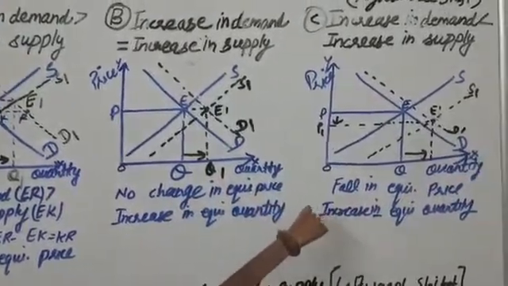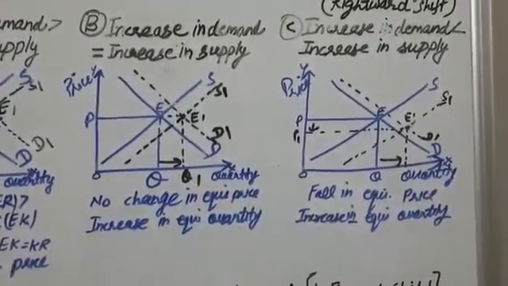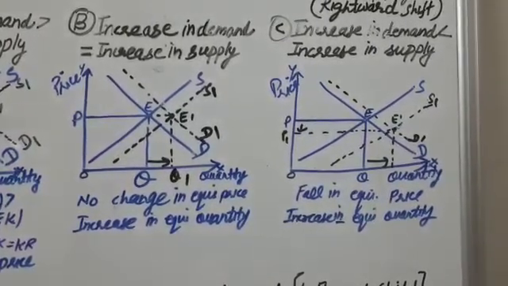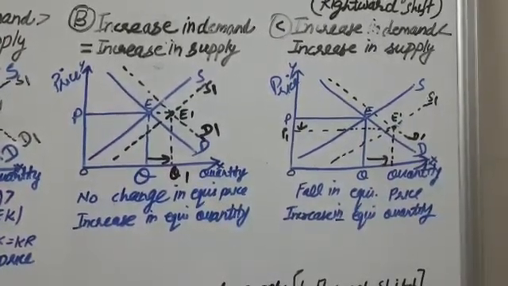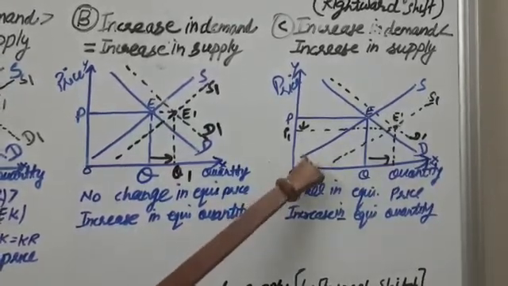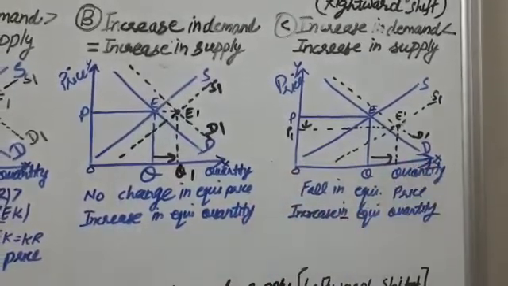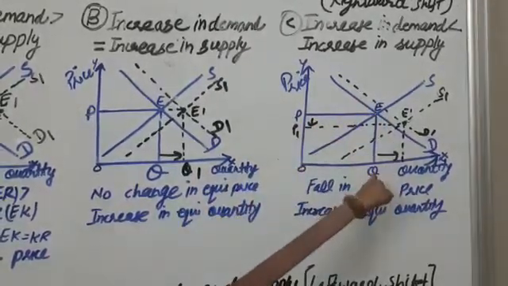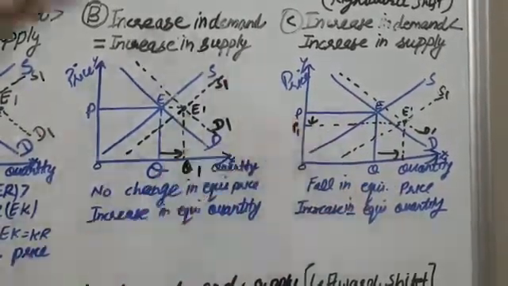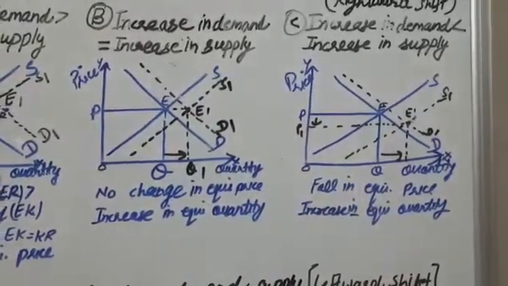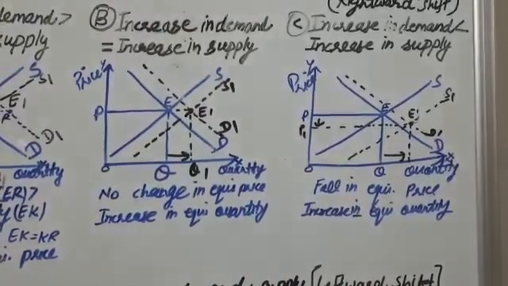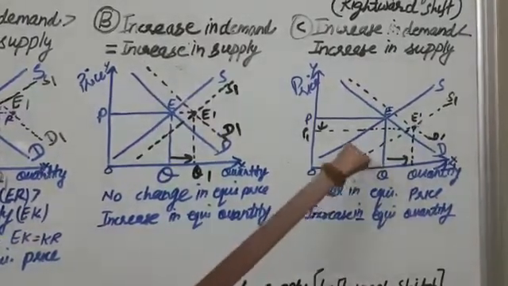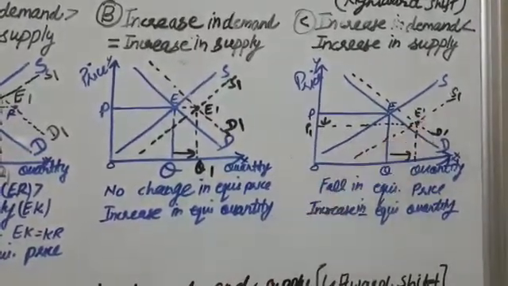Third case is increase in demand is less than increase in supply. So first of all, you will draw the diagram showing original equilibrium with S as the supply curve, D as the demand curve. Equilibrium point is E, equilibrium quantity is Q and equilibrium price is P. Now in this case, increase in demand is less than increase in supply, as is very much clear from the diagram.